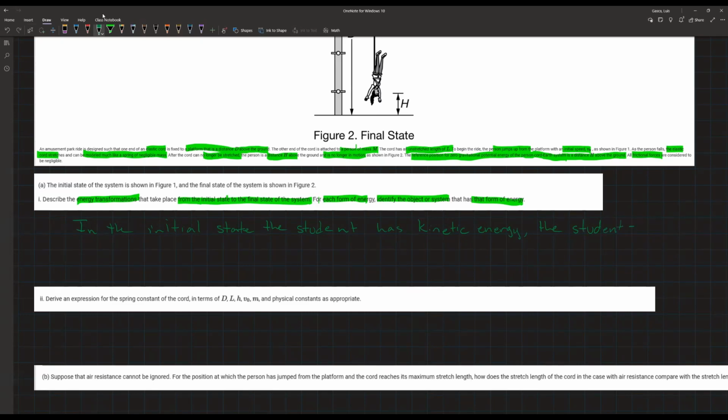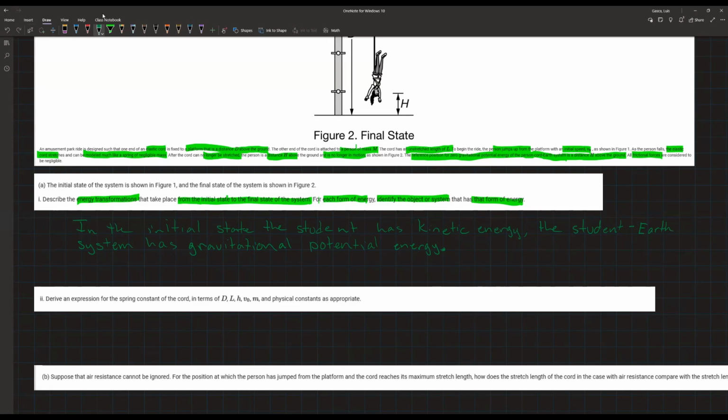Remember, an object by itself does not have potential energy. It's a system. And so the student-Earth system has gravitational potential energy. And because the cord is not stretched, we have not stored any potential energy in the cord-student system. There is no elastic energy being stored yet. And so that's what we have at the beginning.